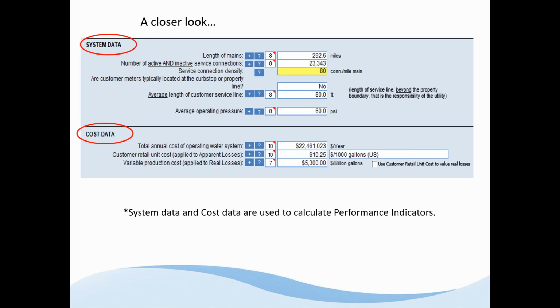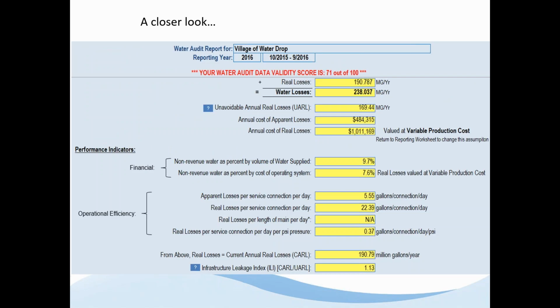You remember that all your system data and cost data is used to calculate your performance indicators. This information is very important to your overall audit and your score.